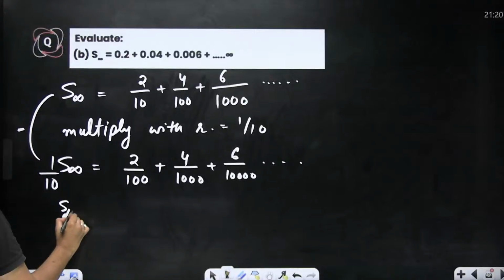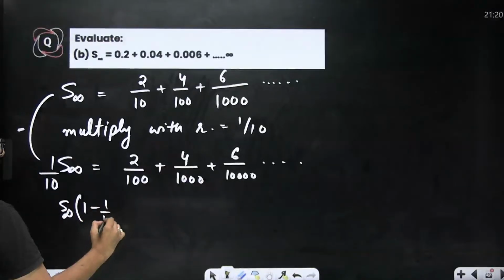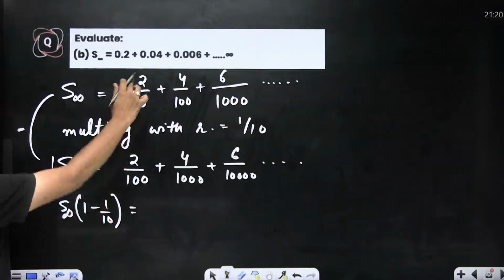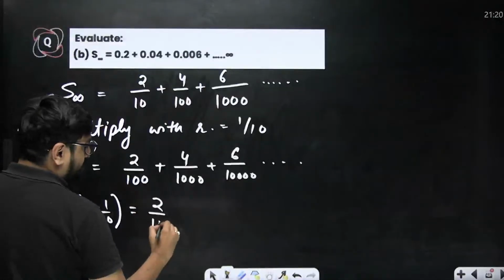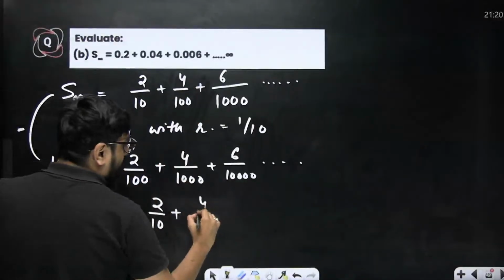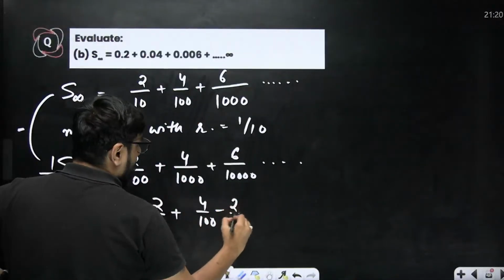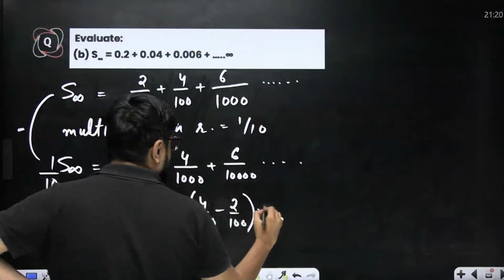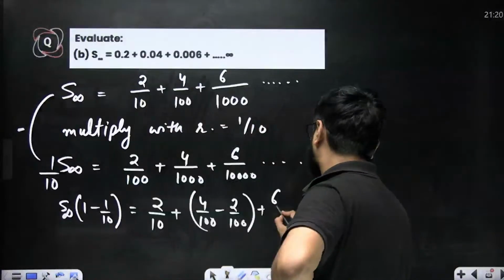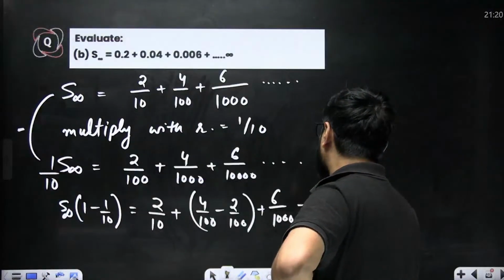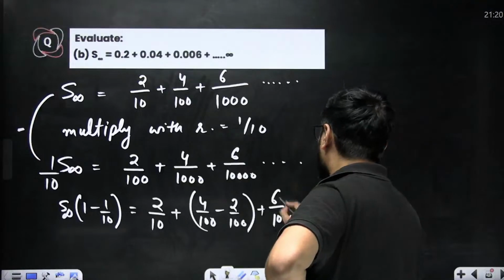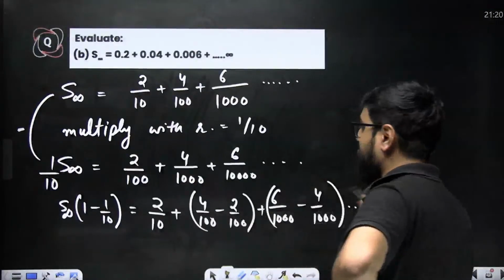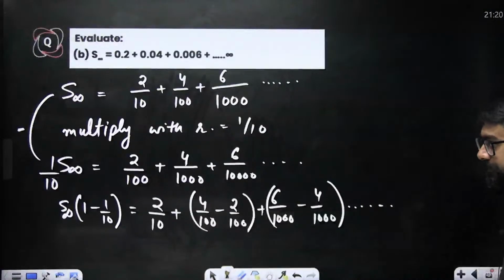S infinity into 1 minus 1 by 10 is equal to 2 by 10 as it is, no problem. But here we got 4 by 100 minus 2 by 100 plus 6 by 1000 minus 4 by 1000. And this is how it is going to propagate without any trouble.